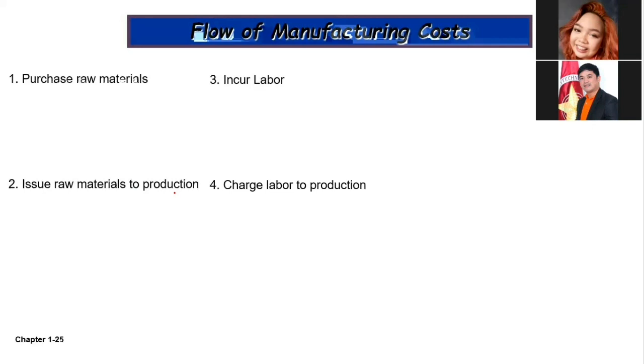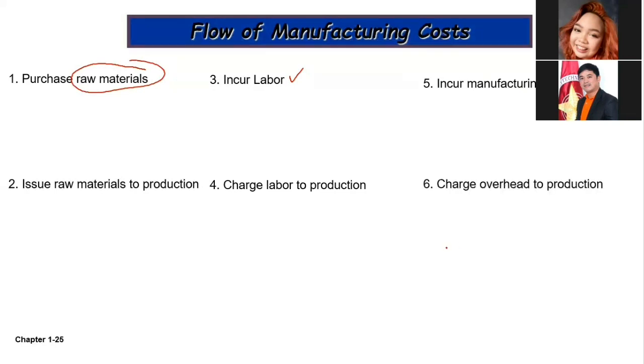When you say charge the labor to production, that would be added to the work in process. Okay? Number 5, we are going to incur, of course, the manufacturing overhead. Because remember, without labor and the manufacturing overhead, hindi naman po talaga mako-convert ang raw materials into finished goods.